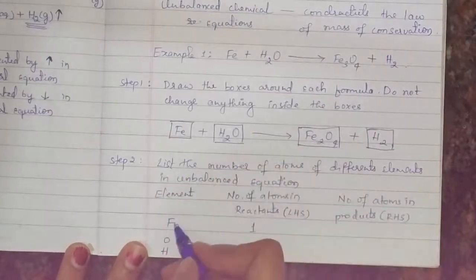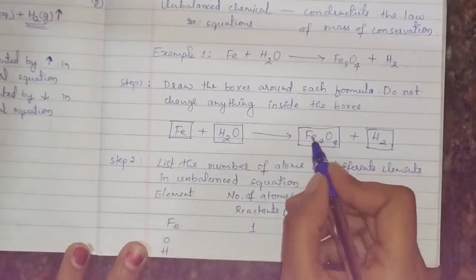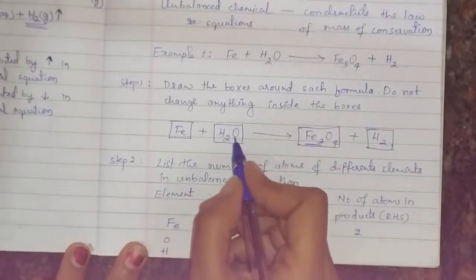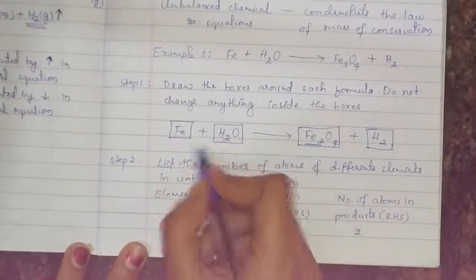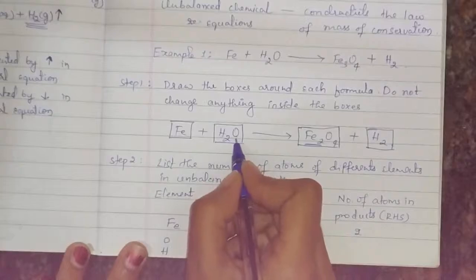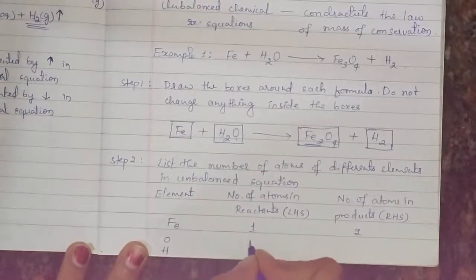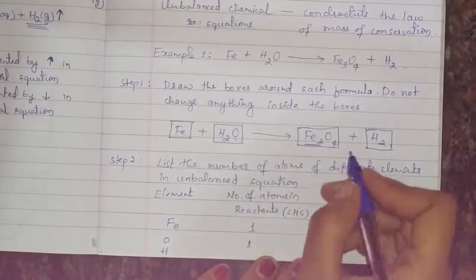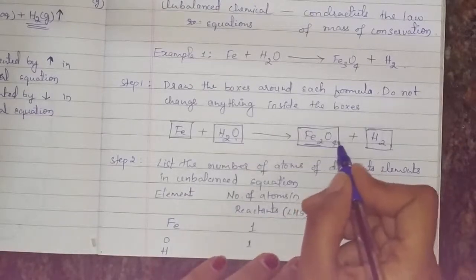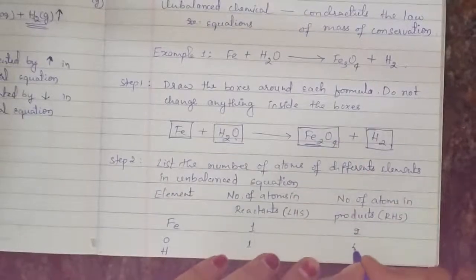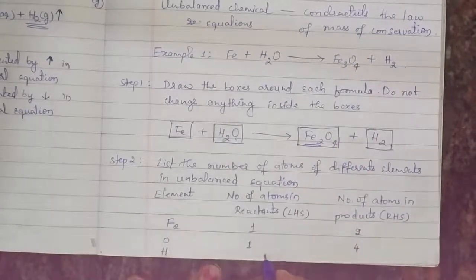Now count the number of iron atoms in product side. Here 2. Therefore you write 2 here. Next, count the number of oxygen atoms in reactant side. Here only one oxygen atom is present, so write 1 here. Now count the number of oxygen atoms in product side. Here 4 oxygen atoms are there. So write 4.